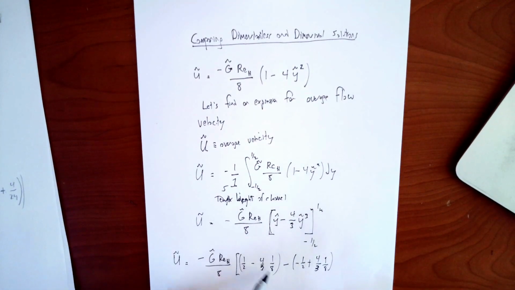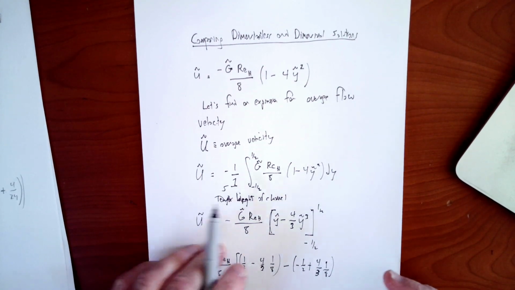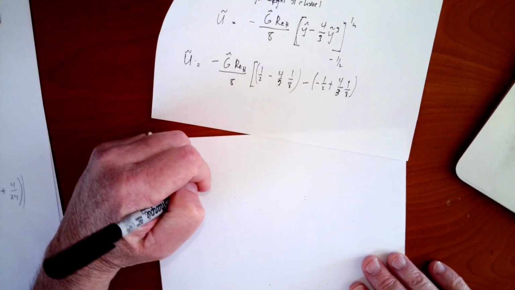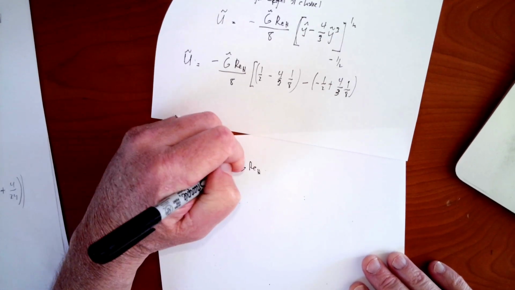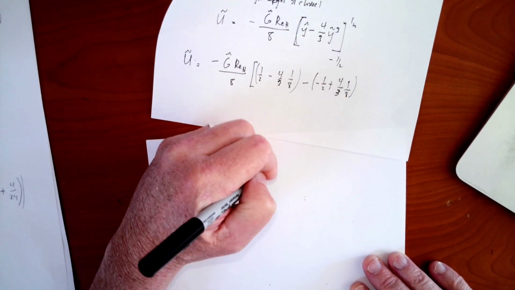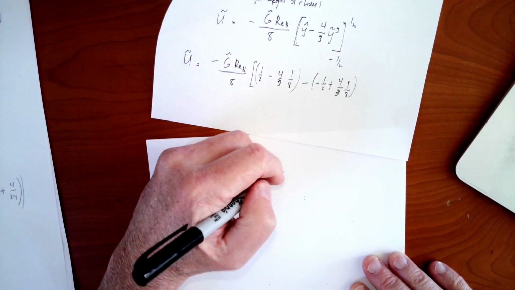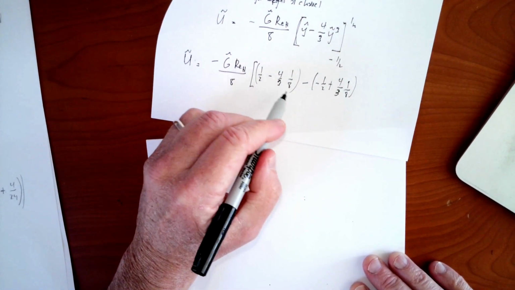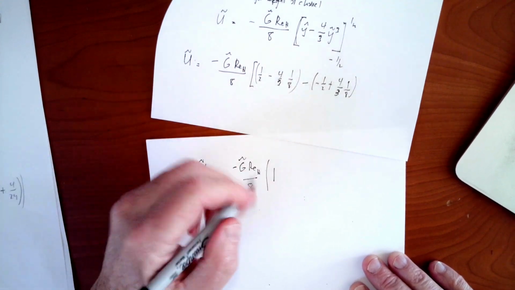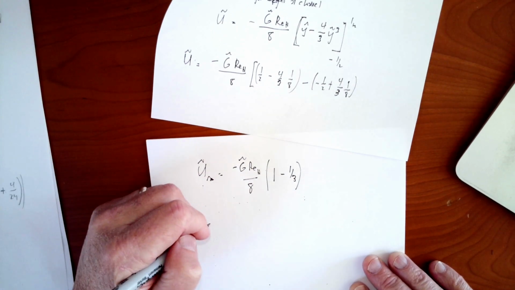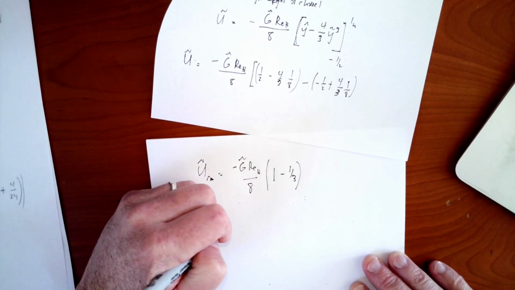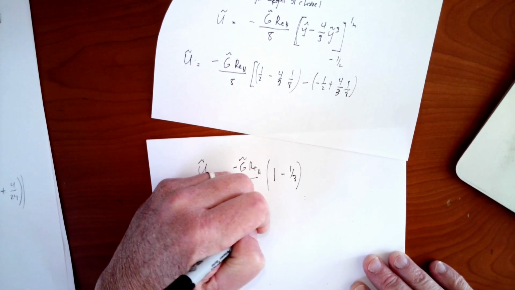So I'm going to have 4/24 there and 4/24 there, which looks a lot like a 1/6. So here's my big U, still, minus g REH, my g still dimensionless, over 8, and then 1/2 plus 1/2 gives me 1, and I have 1/6 and 1/6, so that's going to be minus 1/3.